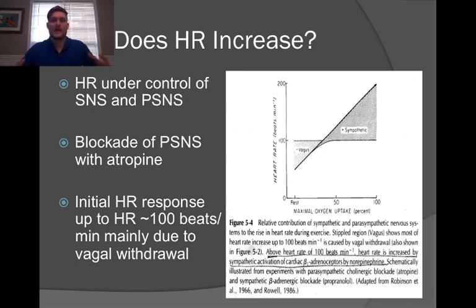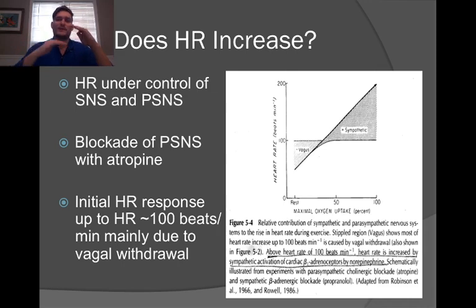So as you start to exercise, from light exercise then to higher intensity exercise, how's it increasing? Basically there is a cutoff line, and we'll use 100 beats per minute. When you go from resting heart rate to 100 beats per minute, that increase is all due to parasympathetic withdrawal. It's not due to the release of norepinephrine and epinephrine at that point.